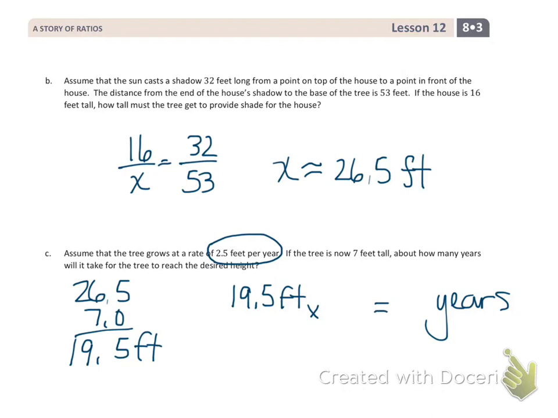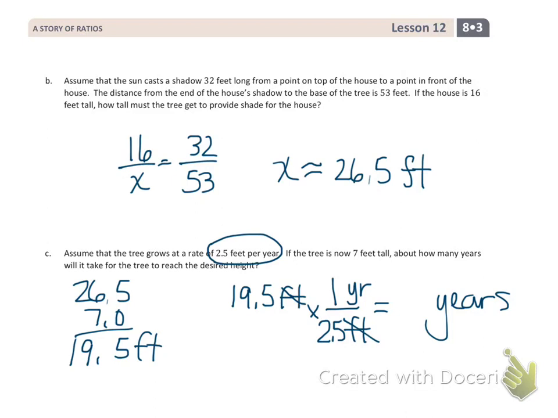And so all I have to do is write this as a unit that's going to cancel out. So I want to cancel out feet, and I want years to stay. So if I write it like that, feet will cancel out and years will stay. So 2.5 feet per year just means in 1 year, the tree will grow 2.5 feet.